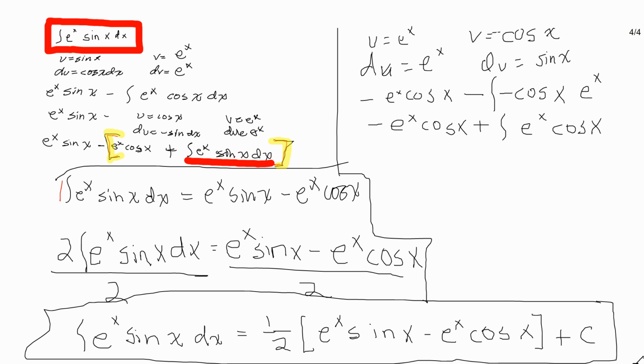All right. So, that's going to be negative e to the x cosine of x plus uv, so u is going to be e to the x. What's the antiderivative of cosine of x? It would be negative sine, wouldn't it? So that's going to make this guy right here negative.